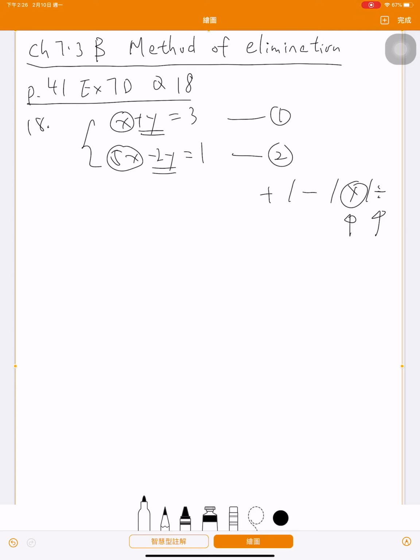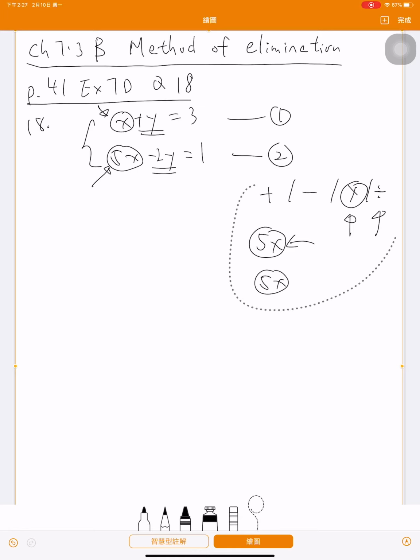For example, for the x, the first one is 1 and the second one is 5, so they are not the same. We want to make them become the same. You may say, easy, we make this one become 5x, so they can be the same. To make equation 1 become 5x, we should multiply by 5.